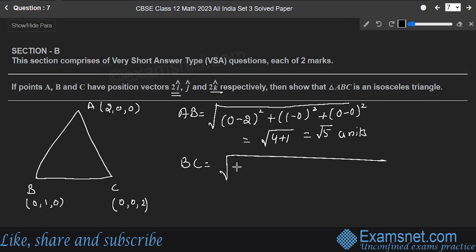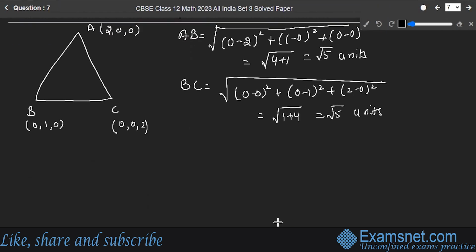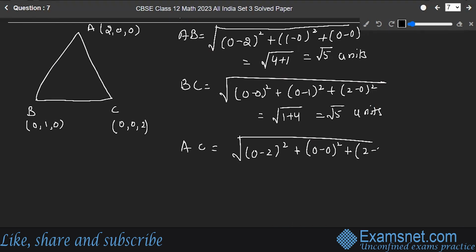This is given by the root of (0 minus 0) square plus (0 minus 1) square plus (2 minus 0) square, which is equal to root 5. Again, let's find the third side, that is AC as well. (0 minus 2) square, (0 minus 0) square, (2 minus 0) square. So that's equal to root of 8, or 2 root 2 units.